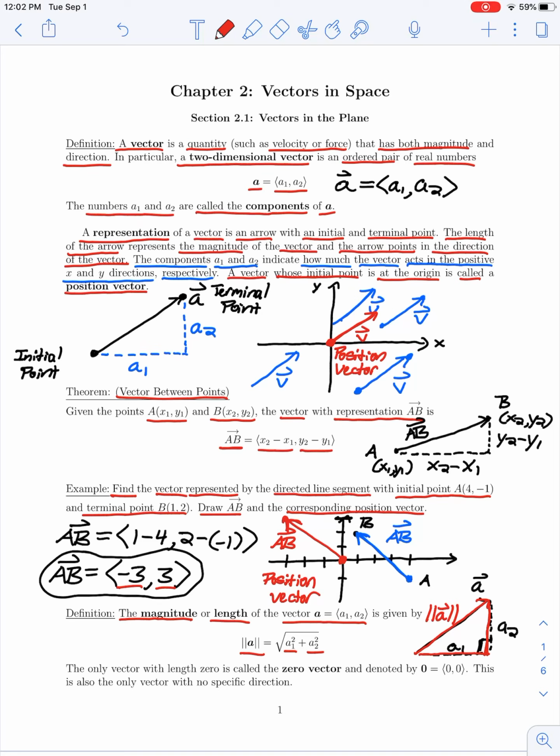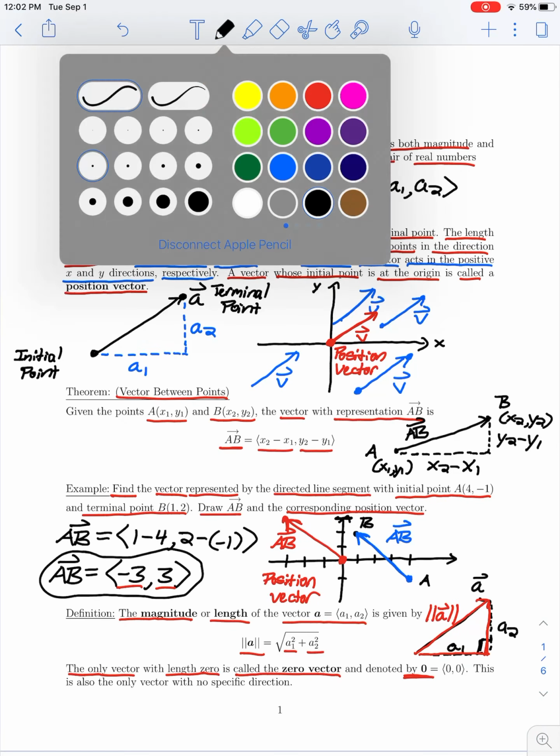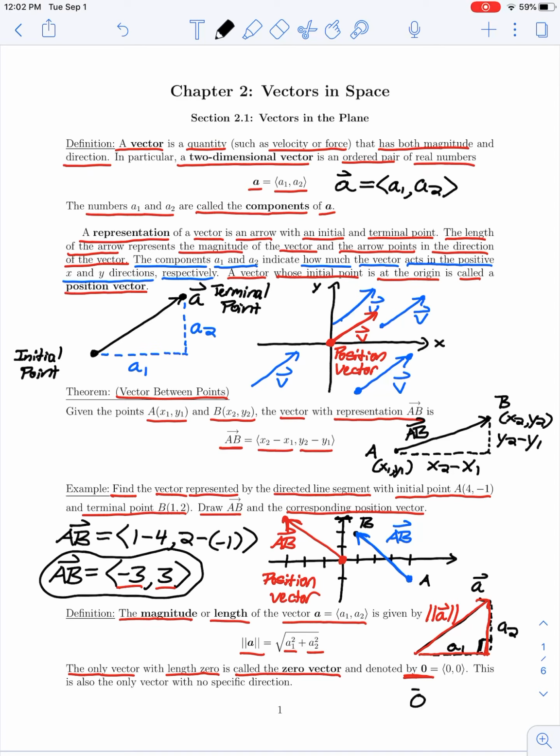Now there's only one vector that has zero magnitude or zero length. The only vector that has length 0 is called the zero vector, and it's denoted by boldface 0, or by hand we would write a 0 with a little arrow over it.